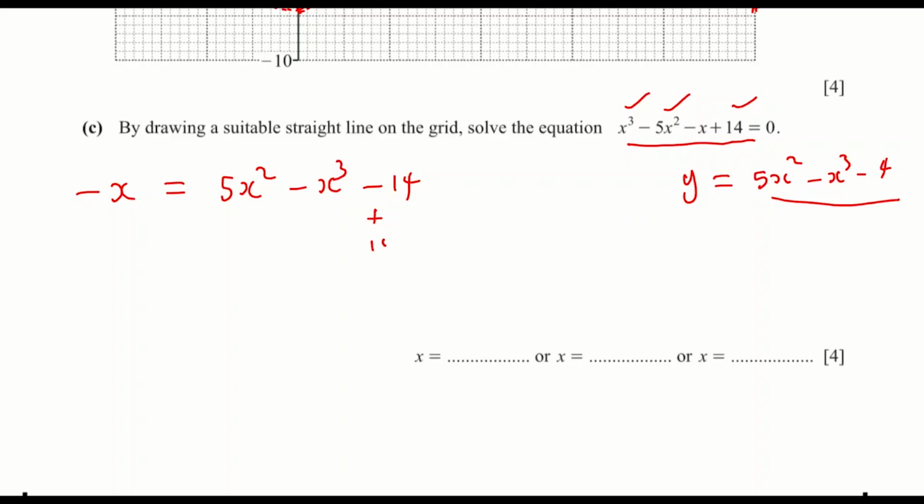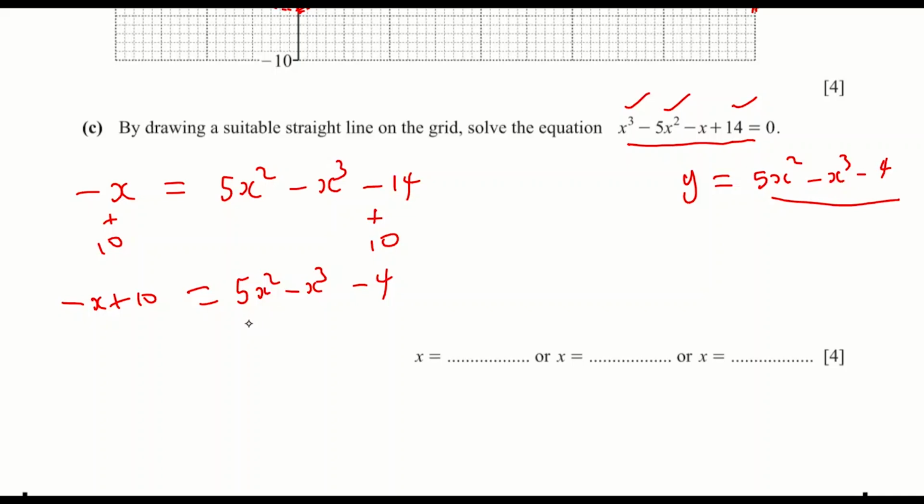So this will leave you with minus x plus 10, which you can write as 10 minus x, equals 5x squared minus x cubed, then minus 14 add 10, that will be minus 4.